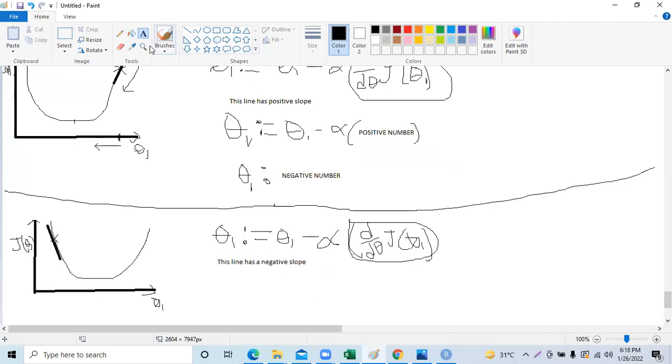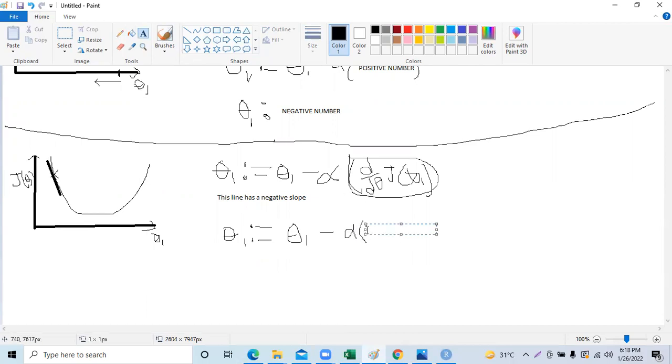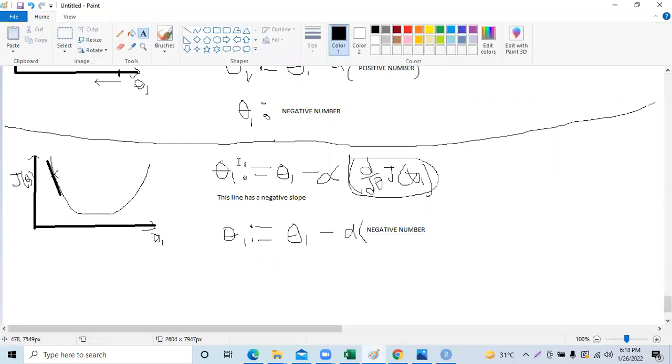So for that reason, theta 1 is assigned the former value of theta 1 minus alpha, which is our learning rate, times a negative number. Right? So it's going to be a negative number.